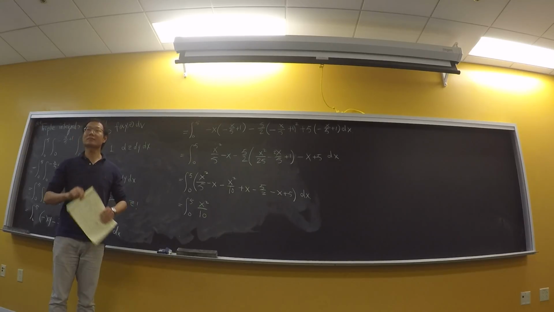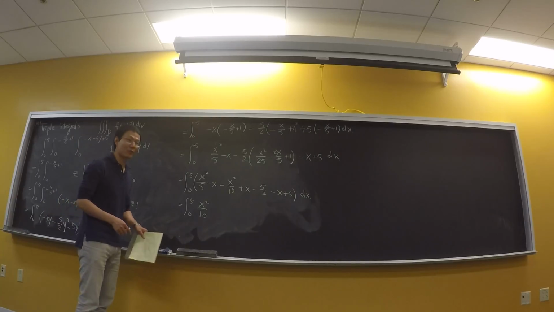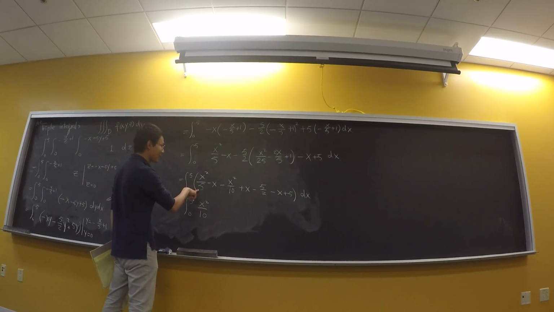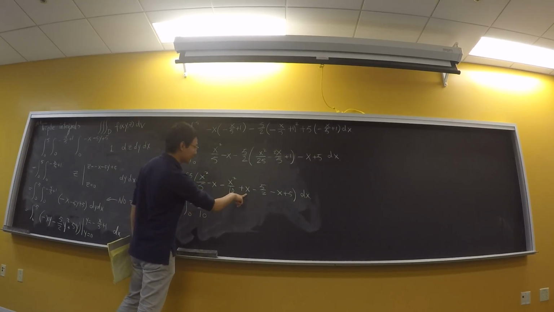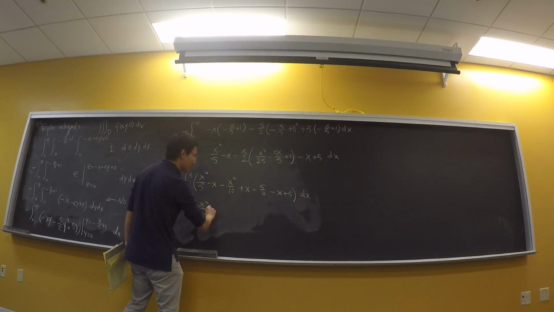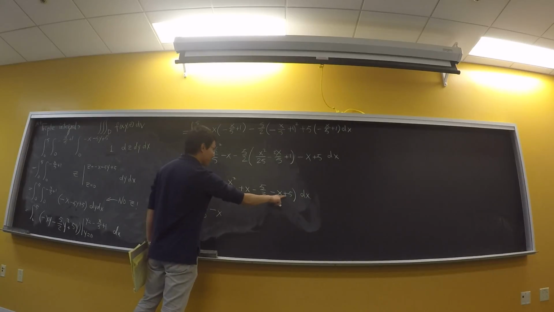You're still working on that, right? So I'm combining the like terms here, so I have a second order term combined. First order term, I have a minus x, plus x, and minus x, so I have a minus x in total. And about numbers, I have a minus 5 divided by 2 and plus 5, so I have a plus 5 over 2.